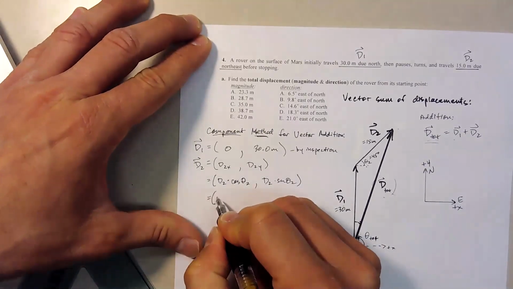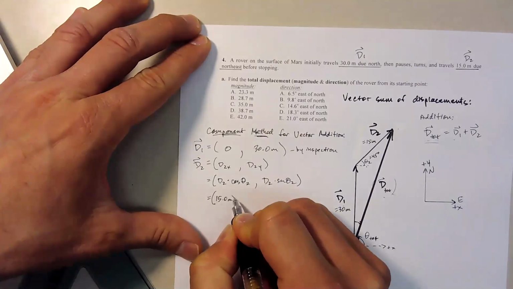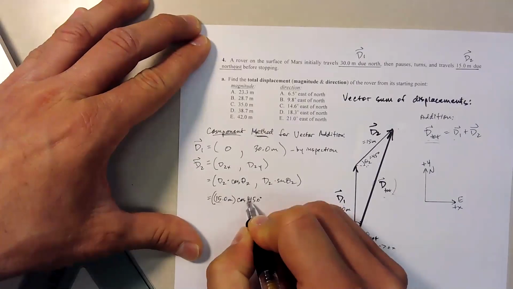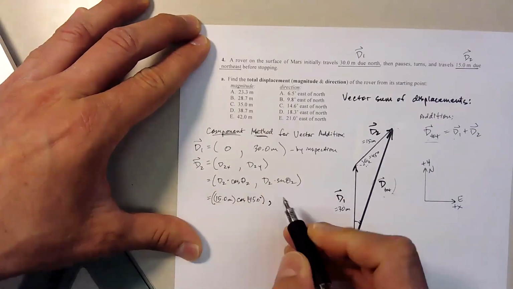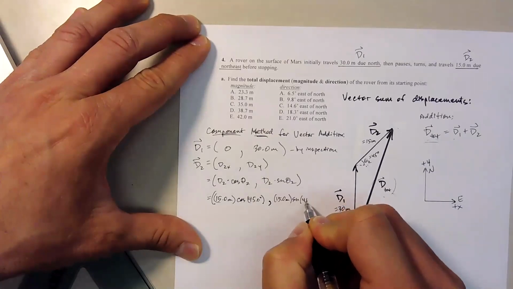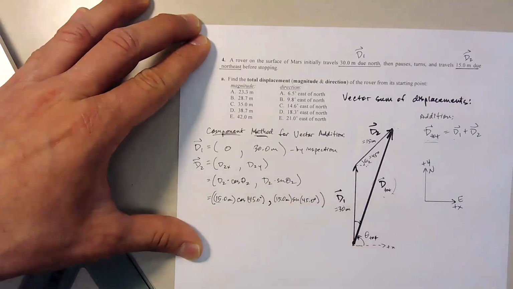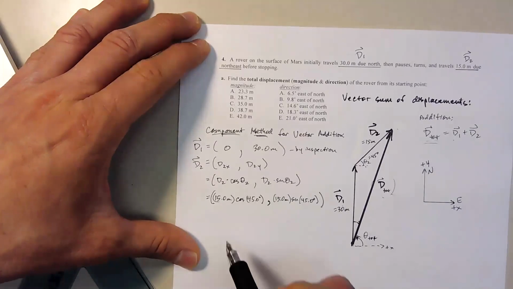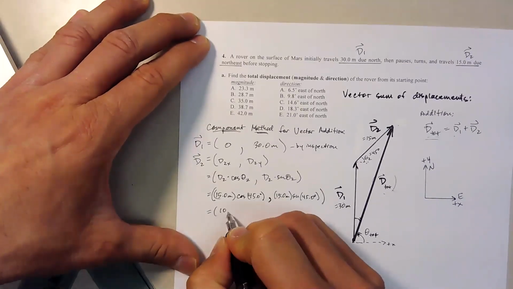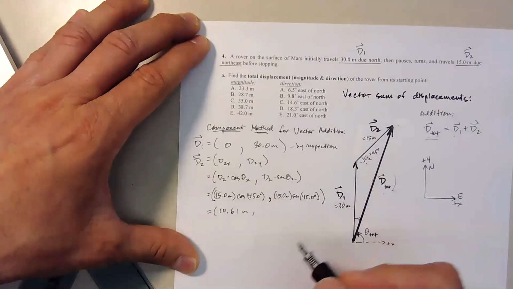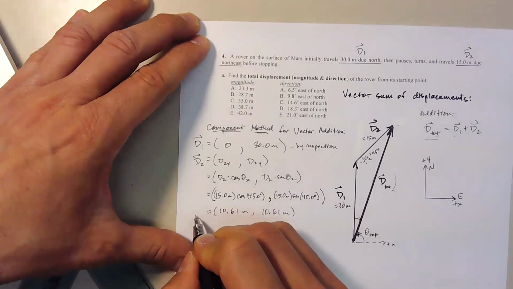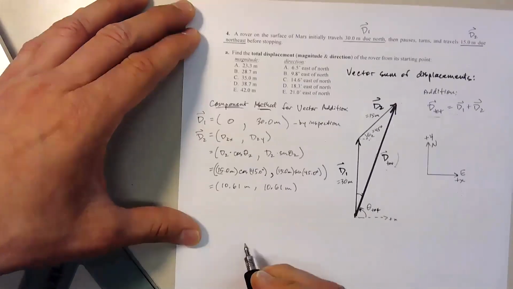So in this case, that's going to be equal to 15 meters times cosine of 45 degrees, comma, 15 meters times sine of 45 degrees. Okay, so that's my x and my y components. I ask my calculator what those are, and it turns out they're both the same value because that's what happens with 45 degrees. Okay, so that's D2. Great.